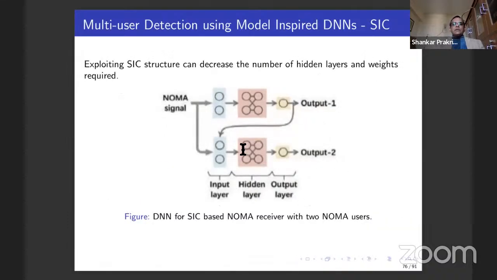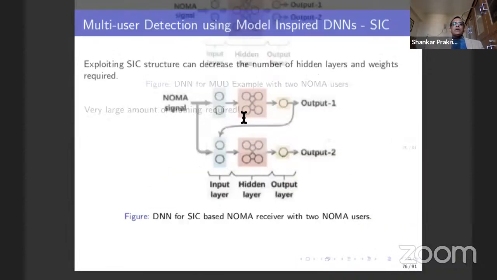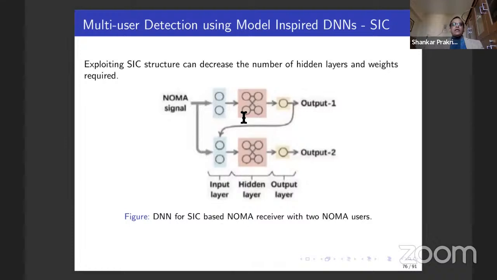But this is something called the data-based model. We can also have more intelligent models based on the structure underneath in NOMA. We have an input, and separate branches for different outputs. Suppose you have two outputs, you have two branches.